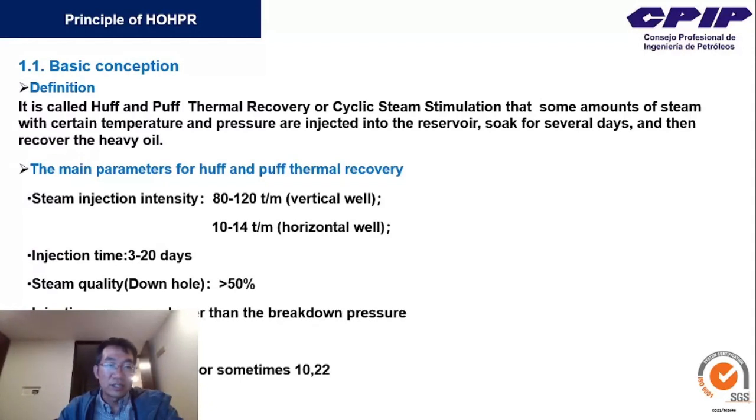The injection time is 3 to 20 days, the steam quality downhole needs to be above 50%, and the injection pressure needs to be lower than the breakdown pressure. Soaking time is 2 to 7 days, stimulation cycles 5 to 7 cycles, or sometimes up to about 10, and the oil recovery rate is 3 to 8%.